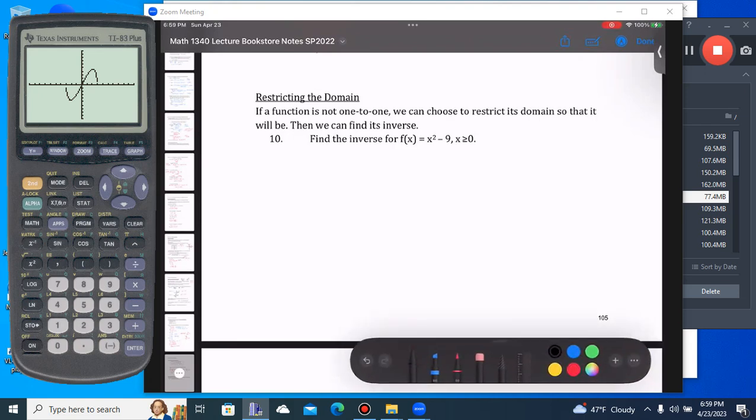I'm going to graph it on the calculator. Graph it, you get a quadratic. And so we want to restrict the domain here. We want only x greater than or equal to 0. Right now, it's not passing the horizontal line test.